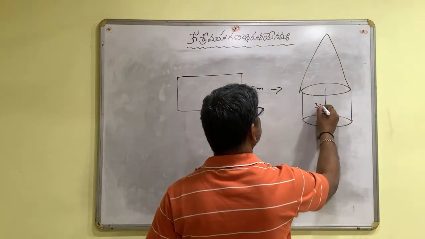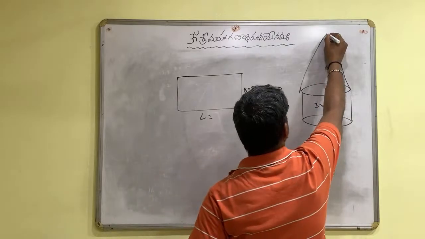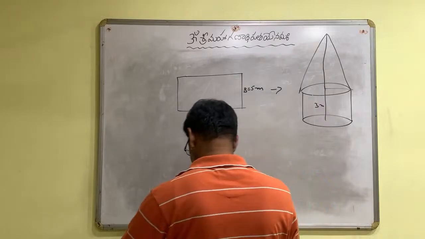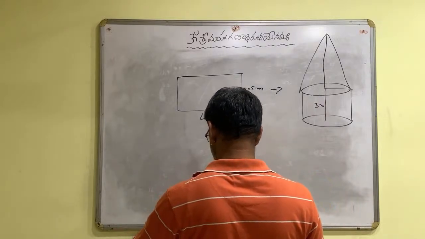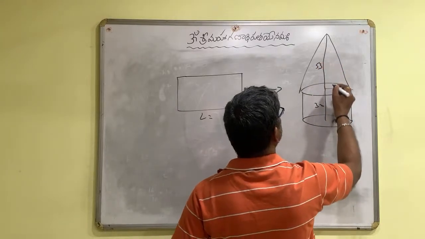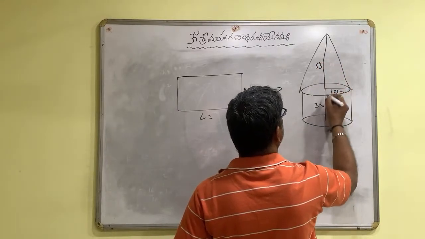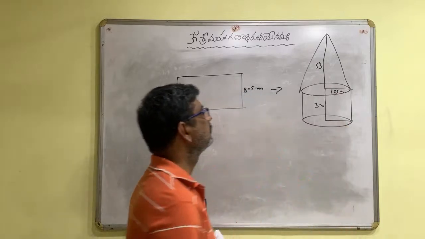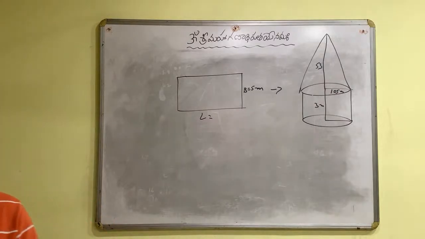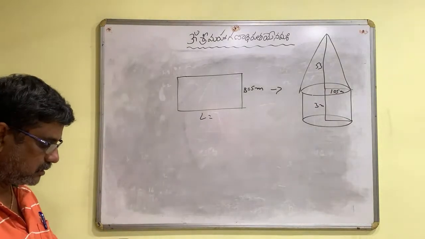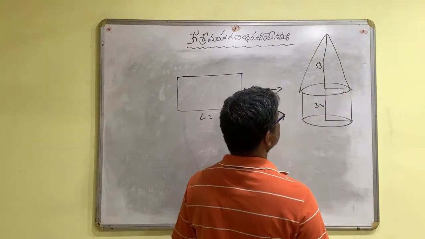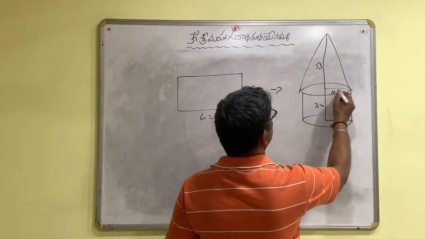Cylindrical height is 3 meters. Conical height 53 meters. Diameter 105, that means radius 105 by 2.